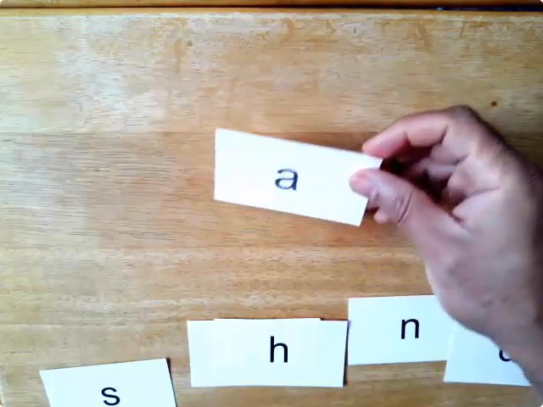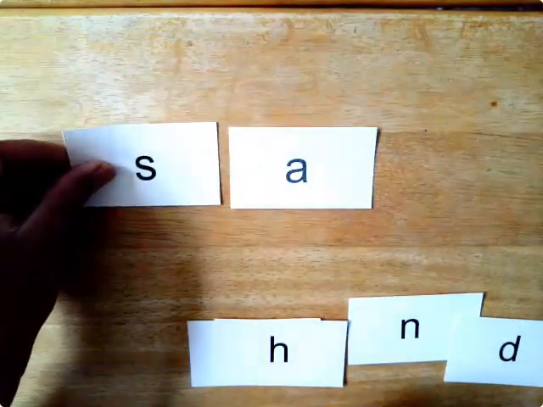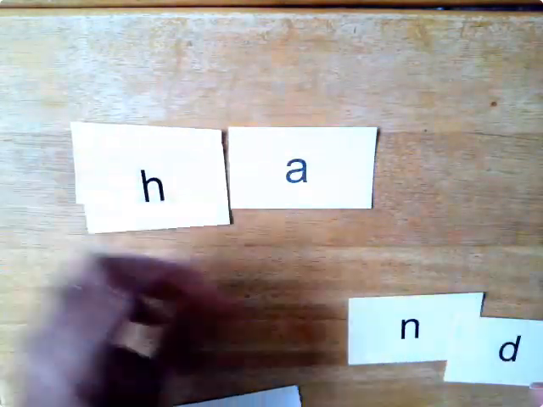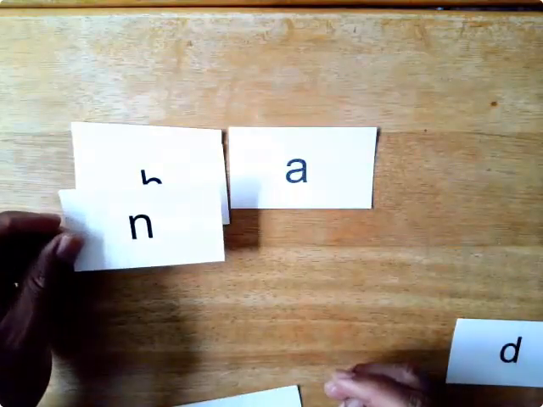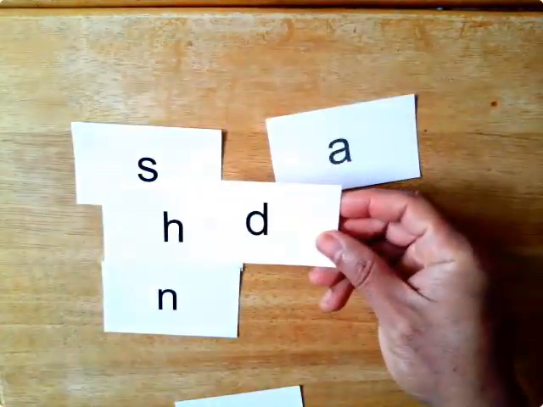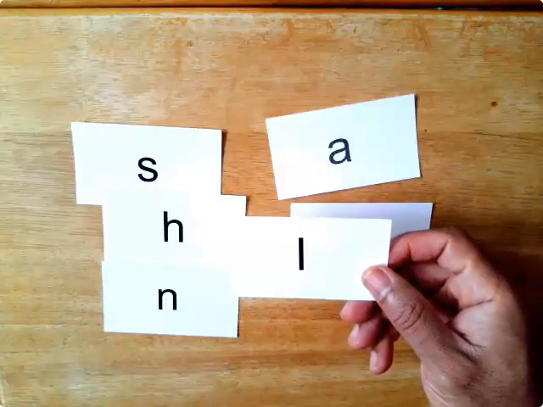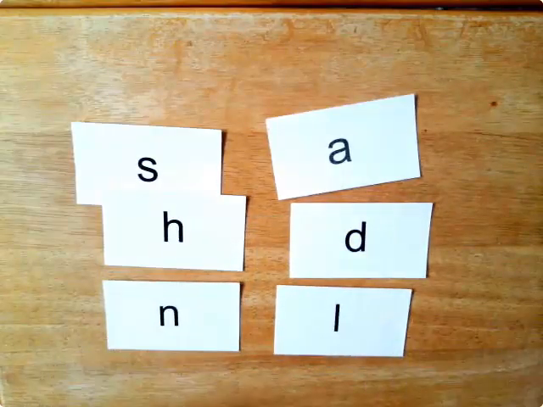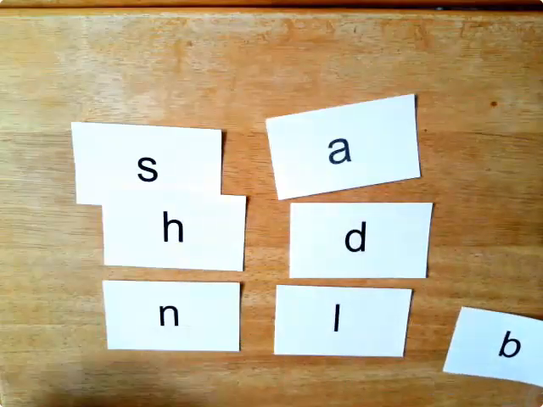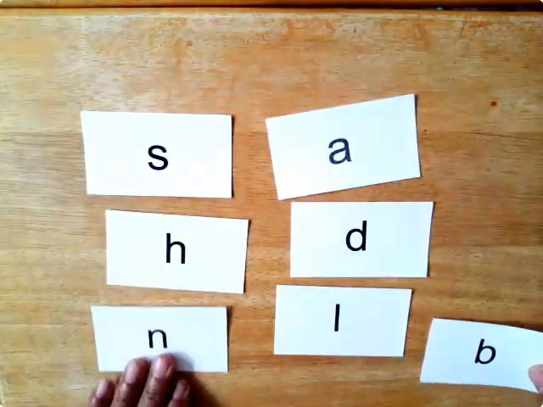For this lesson, you're going to need the vowel sound A, the consonant sound S, and the consonant sounds H, D, N, L, and B. Make sure you have those out. So: S, A, H, D, N, L, B.